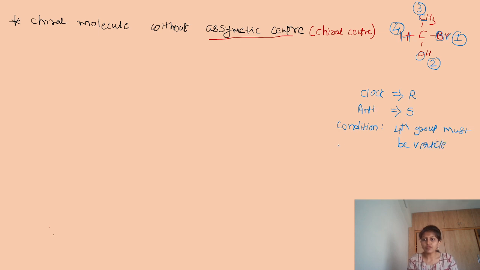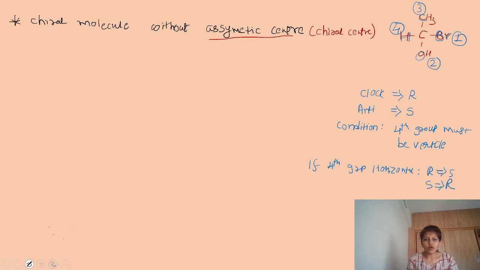And if the fourth group is horizontal, then R becomes S and S becomes R, right?